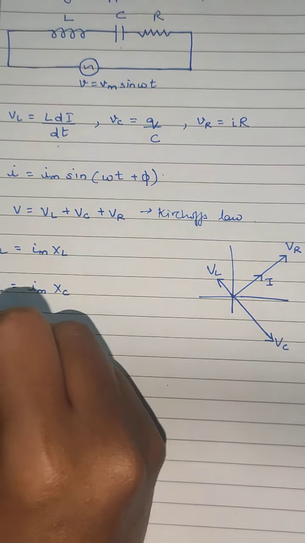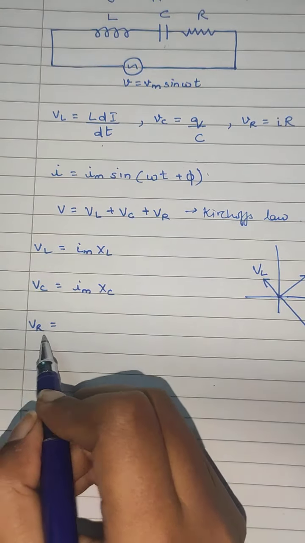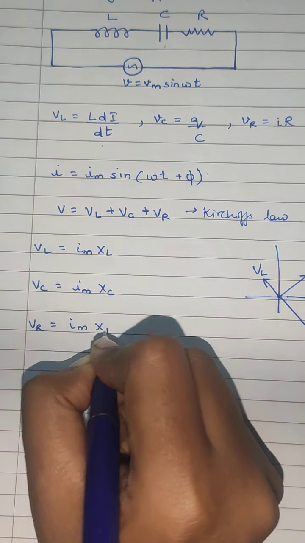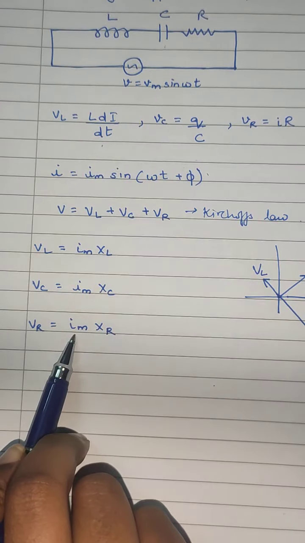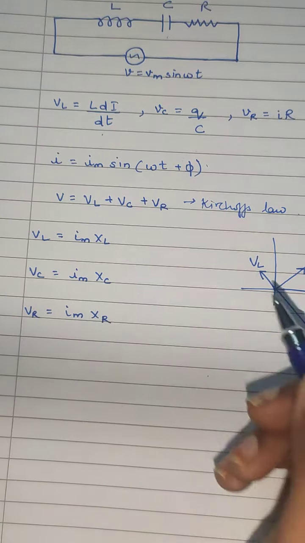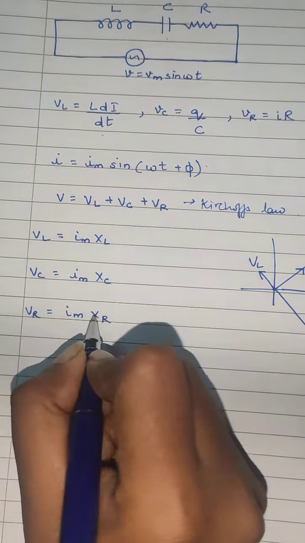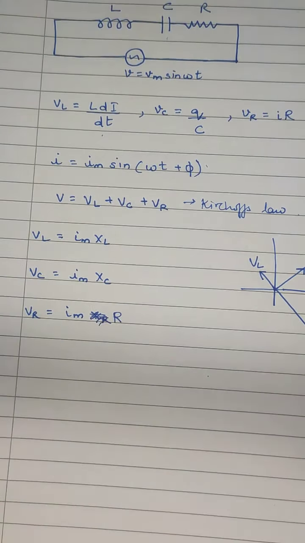And same way VR is equal to Im R, where R is the resistance. So VR is equal to Im R.